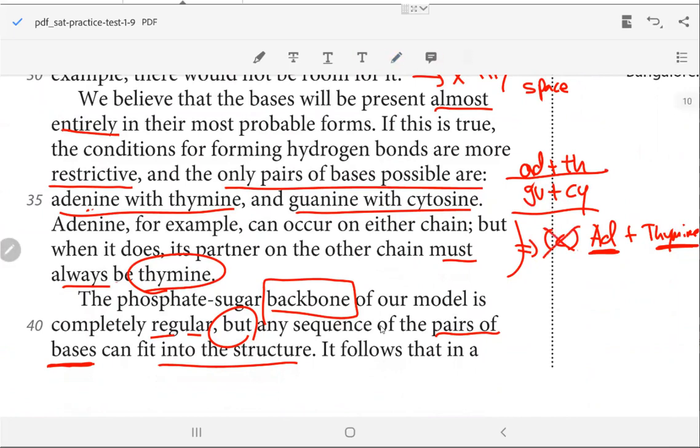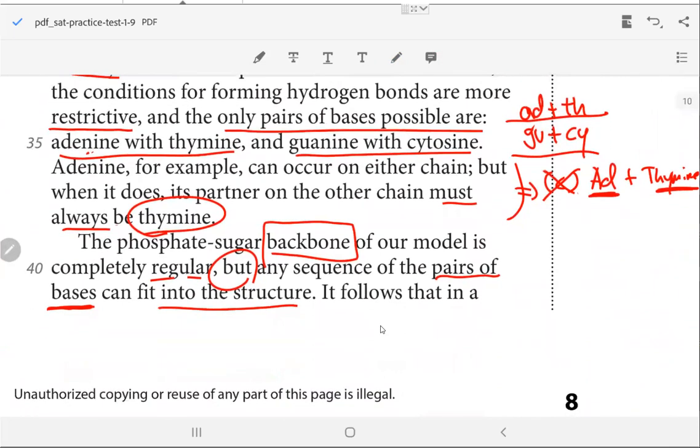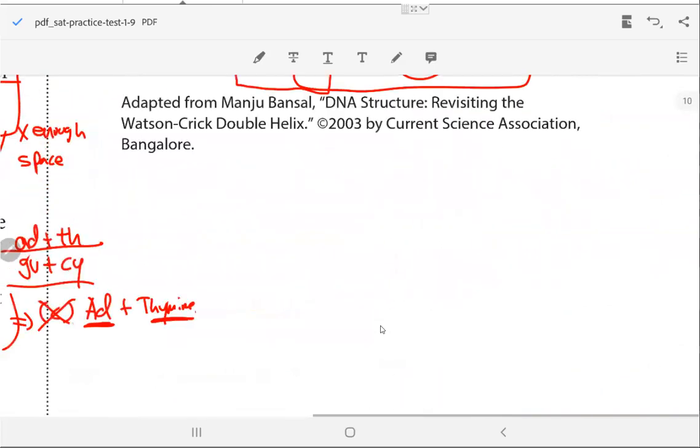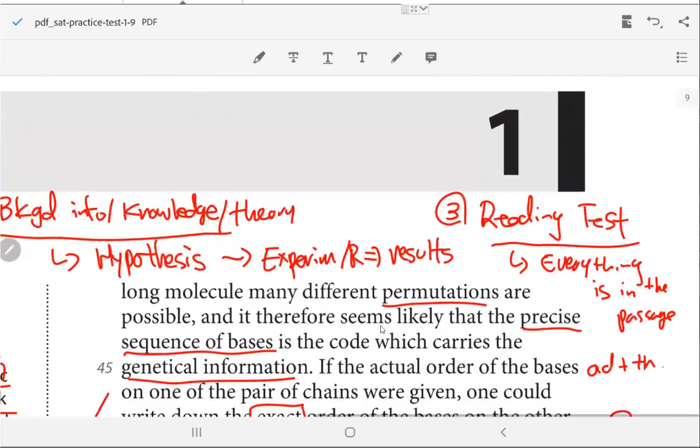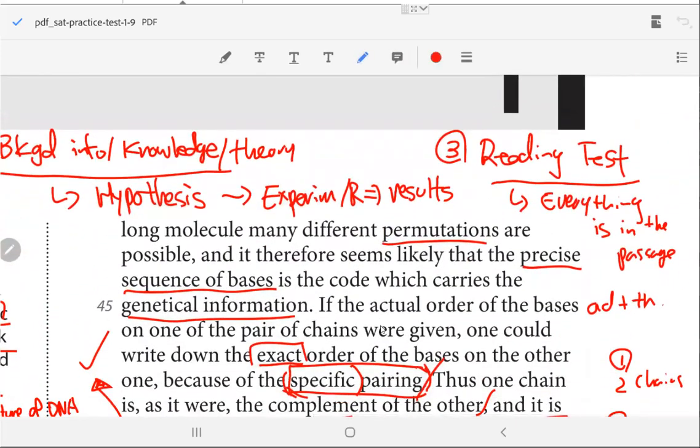Now, let's look at D, lines 41 to 45. I'll read from 39 for context. The phosphate sugar backbone of our model is completely irregular, but any sequence of the pair of the bases can fit into the structure. It follows that in a long molecule, many different permutations are possible.